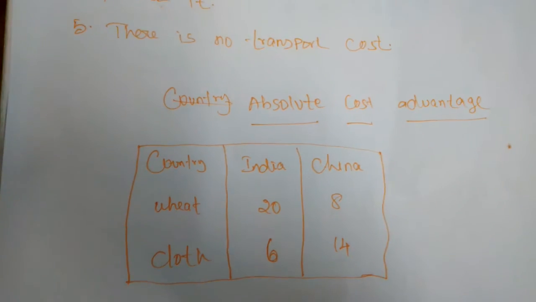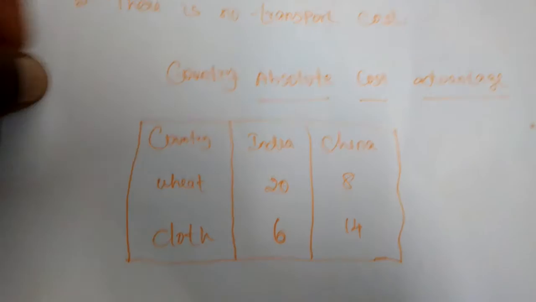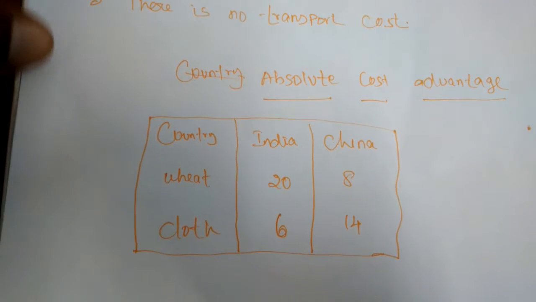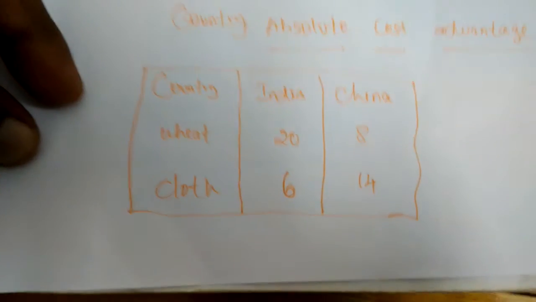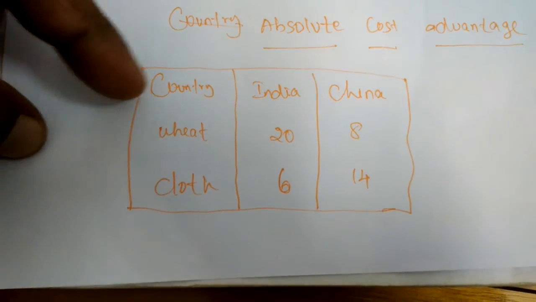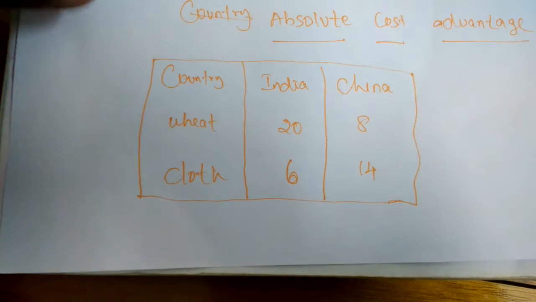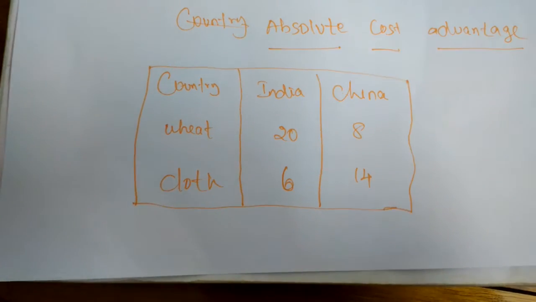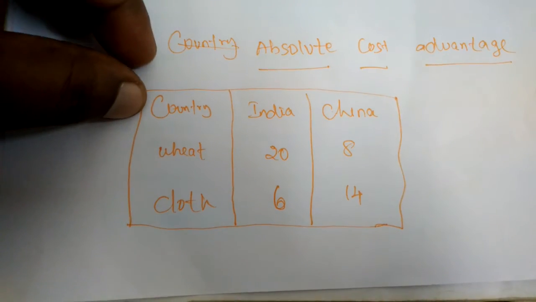Now we can explain absolute cost advantage by looking at this schedule. The country is mentioned in one column and the two nations, India and China, are mentioned in the other columns.